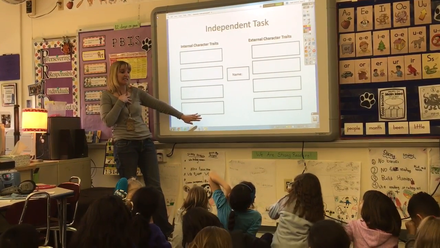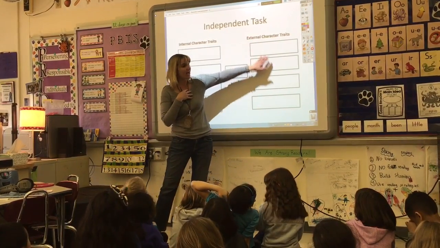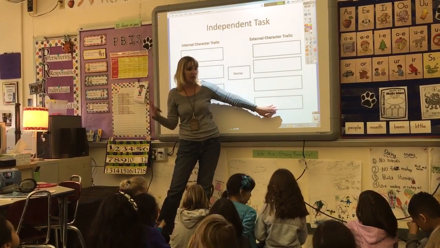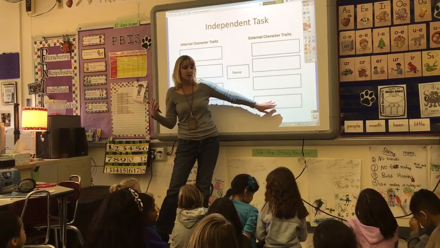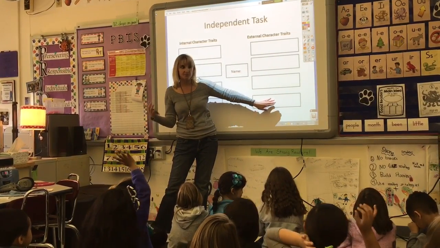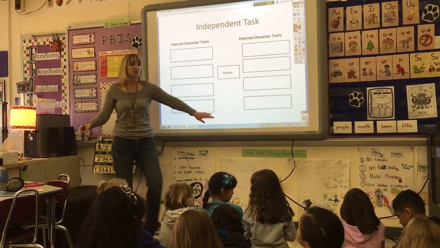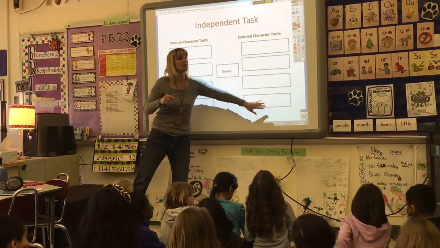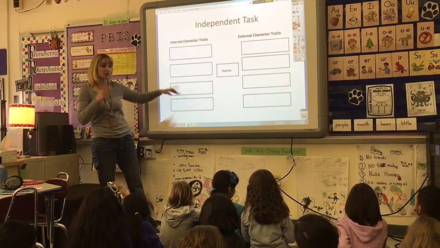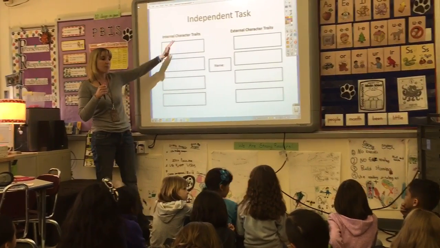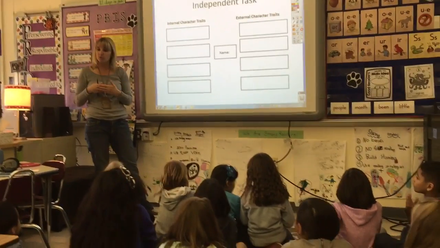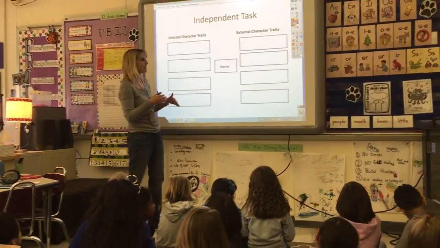How do you feel inside? And your external character traits, or your outside, are traits that you can what? See with your eyes. Think of the mirror. So you have 2 visuals, the mirror, and your heart to remember. You're going to come up with 4 words, just like you did with your turn and talk partner, but we're going to write them down.